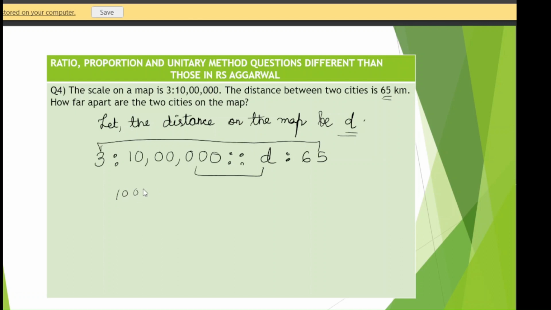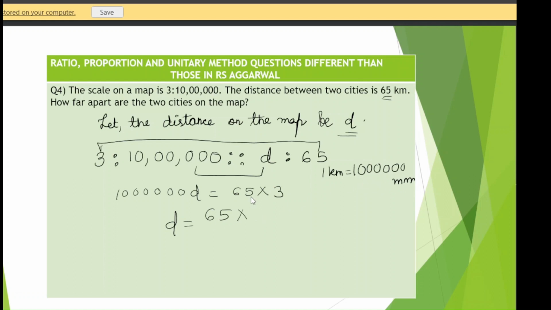So this will become 10 lakh d is equal to 65 into 3, right? So now I will take this 10 lakh to the other side. So if I convert this 65 kilometer to millimeter, what will it be? Now 1 kilometer will be how much in millimeter? 1, 2, 3, 4, 5, 6, means it's actually 10 lakh millimeters.